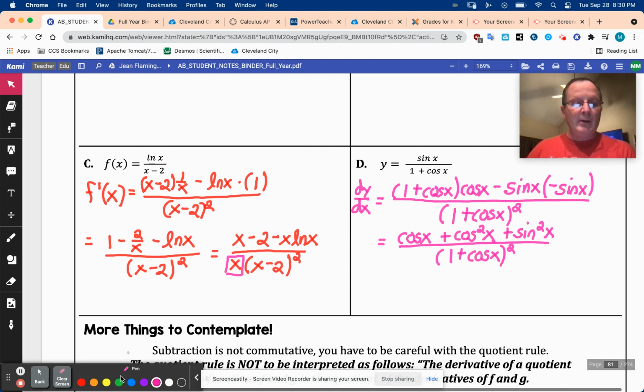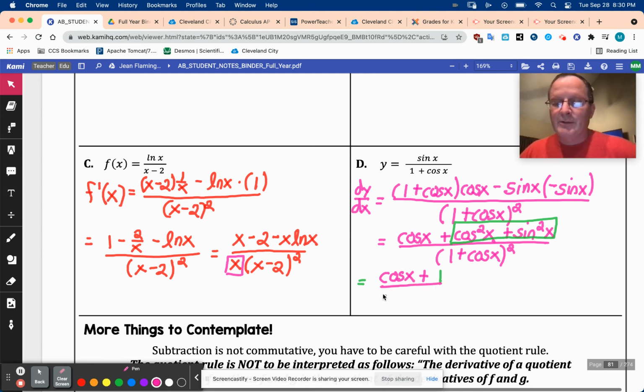Now, a reminder here. This is your basic Pythagorean identity. The cosine squared and the sine squared together are equal to 1. And so that means this whole thing then is a cosine x plus 1, and all of that is divided by 2 of those multiplied together, 1 plus cosine x squared.